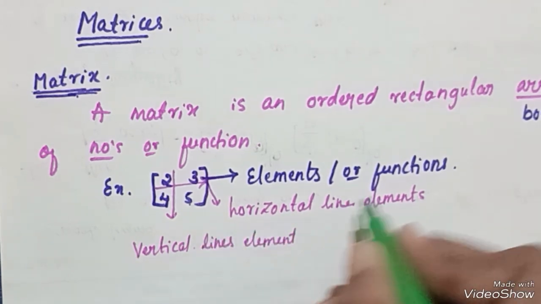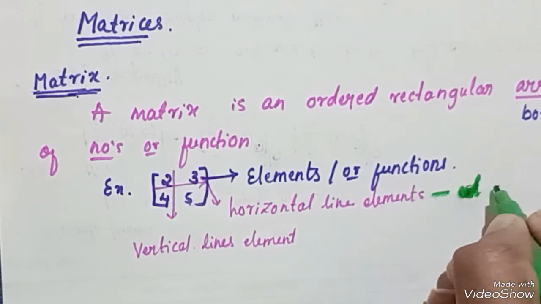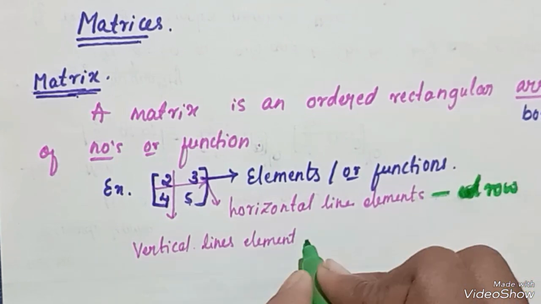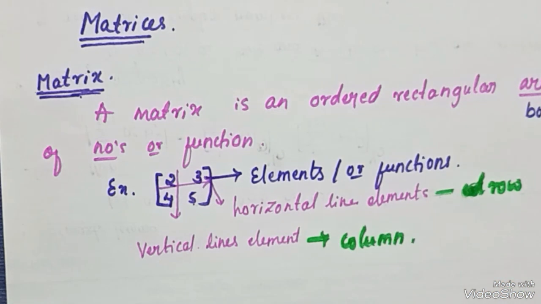Horizontal lines are called rows, and these vertical lines are columns.